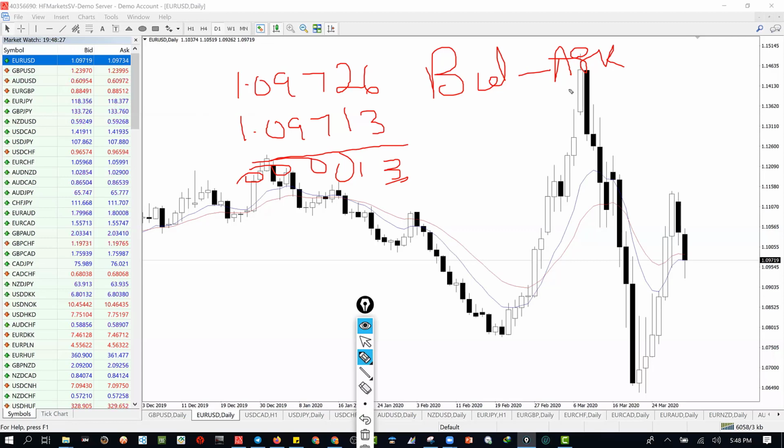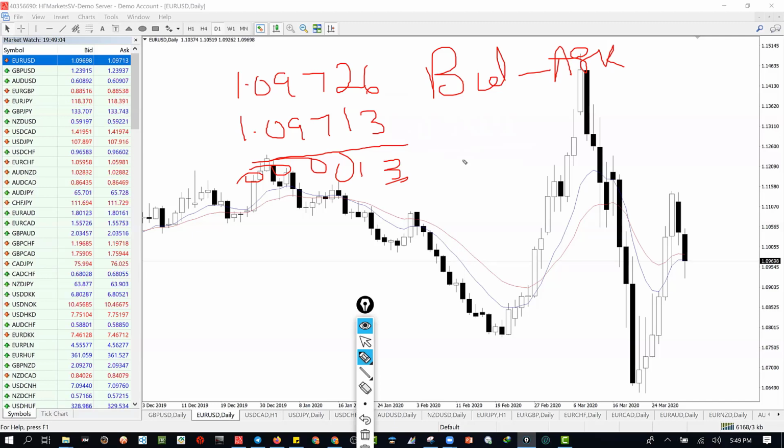Do you understand that, or should I come again? Okay. So the difference between the bidding price and the asking price is the spread. What do we understand by spread? I understand that if I have a greater volume, I expect that the spread is much lower than for a currency with low volume.